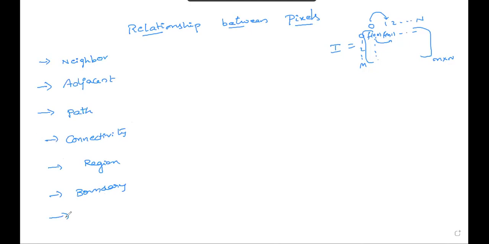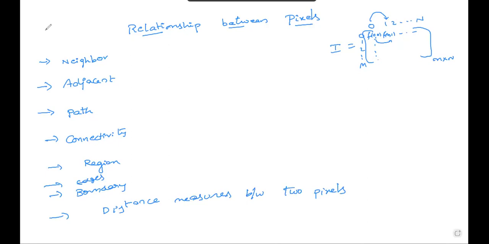Next, distance measure. Edges. So these are the basic relationships between pixels. We have to explain everything.